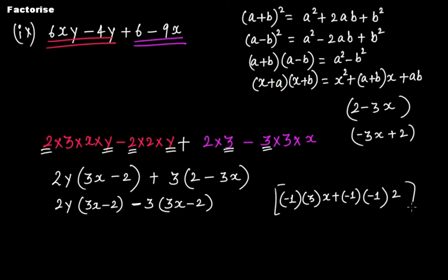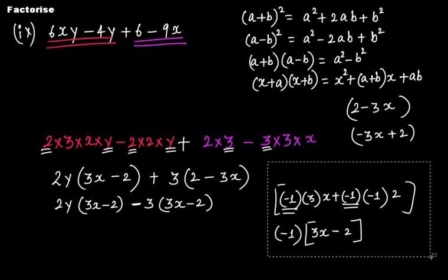Now here this minus 1 and this minus 1, take this out, so minus 1, and within the bracket you have now 3x, and now this is minus 1 multiplied by 2, therefore this is 3x minus 2. So this is minus 1 and 3x minus 2, so this is 3 here. 3 multiplied by minus 1 will give you minus 3. That's the way, right?